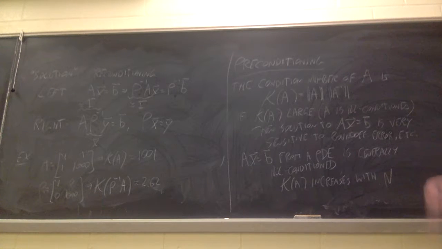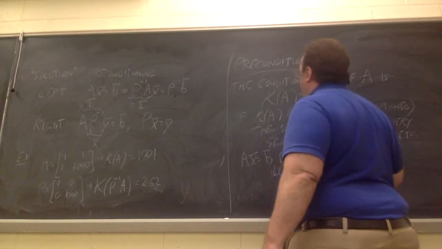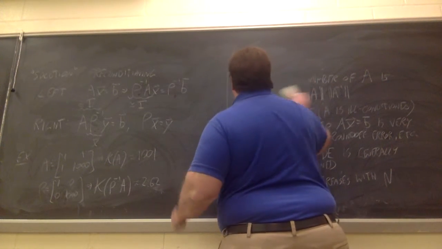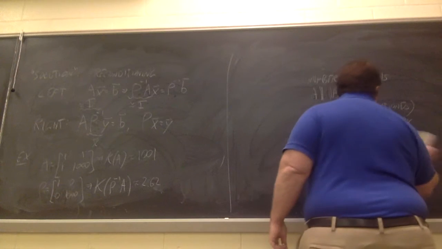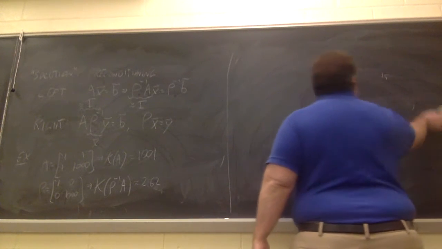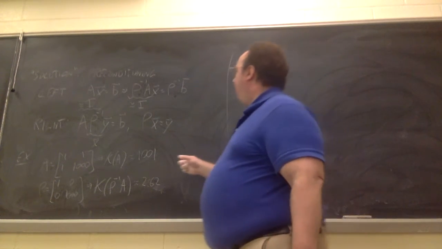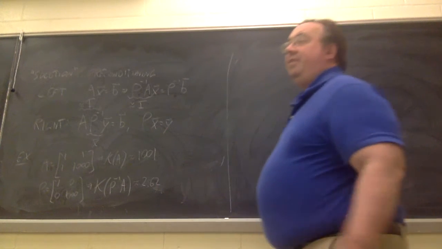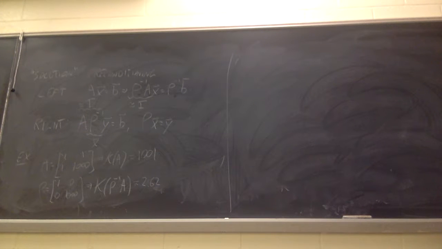So that means I don't want to add a ton of expense by preconditioning. These systems I solve, like P inverse B or P inverse Y, have to be easy to solve.